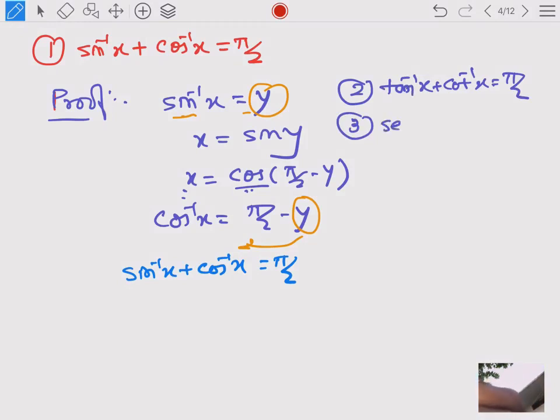If you practice more and more, you will be perfect, and you will be able to solve new problems which are not discussed yet. So these three identities are very important in inverse trigonometric functions. These identities are also written in your book.